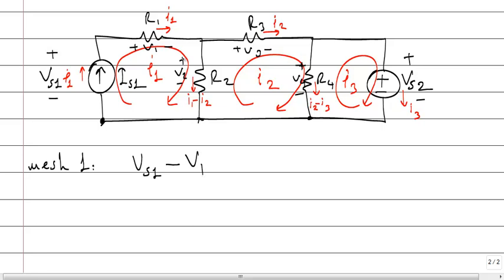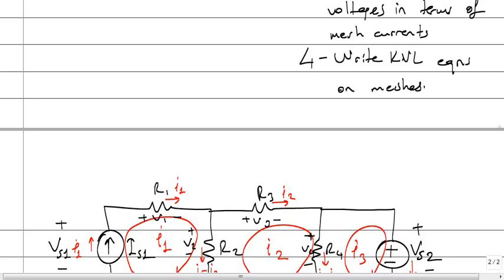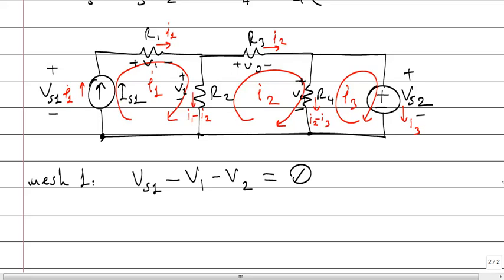Then there is again a plus to minus voltage drop, V2. I have returned to the same point, 0. And I need to write that equation in terms of mesh currents, because I will solve the system of equations for mesh currents.